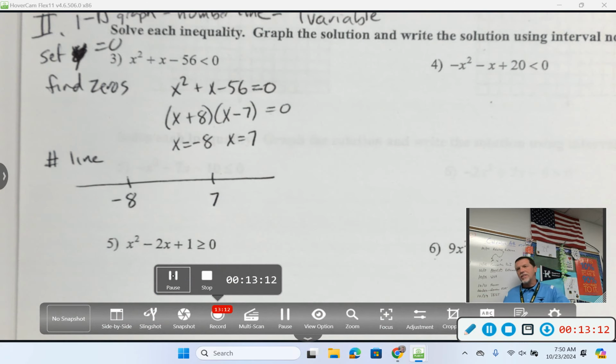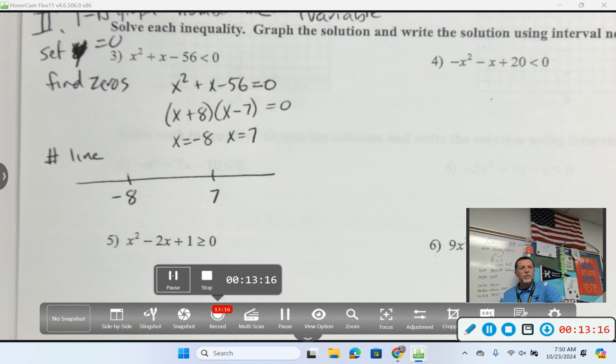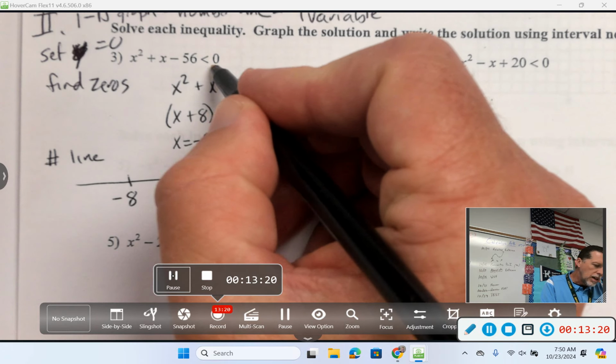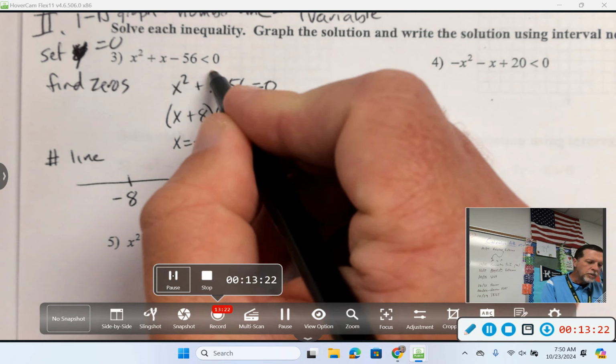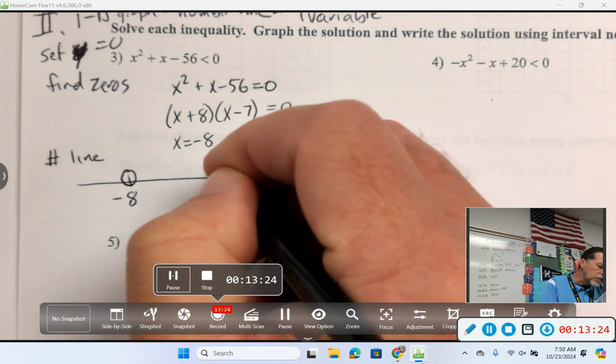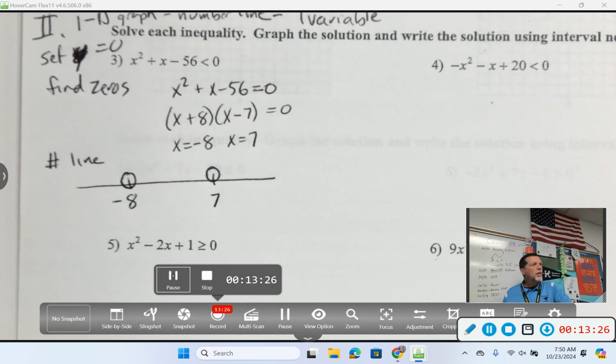This way is good because it's also the method we use in calculus, so it's good to go ahead and get used to putting zeros on a number line. We don't want to include those because it wasn't equal to, so open circles. Remember this? Open circles versus closed circles.